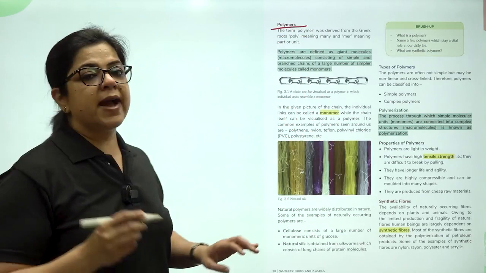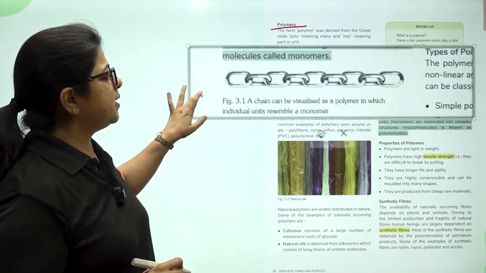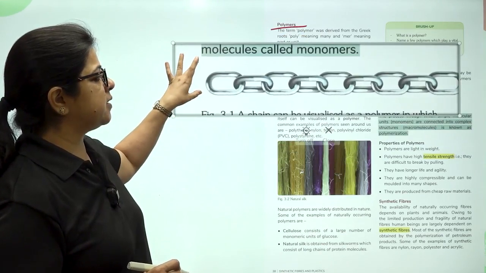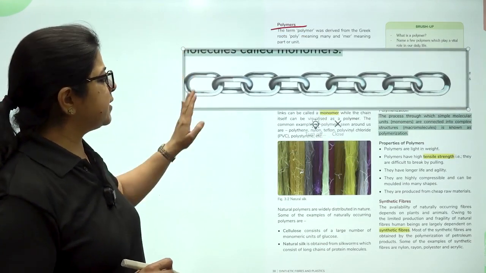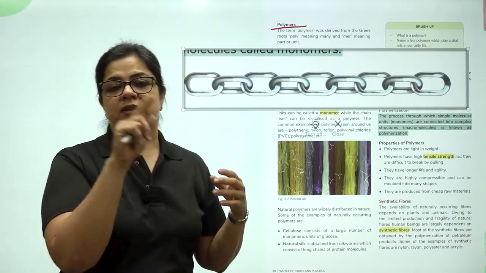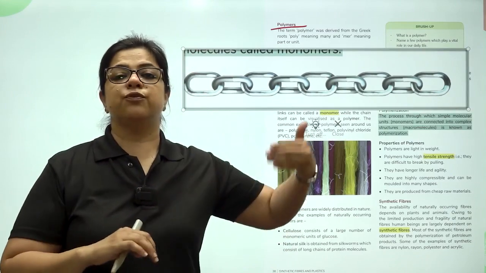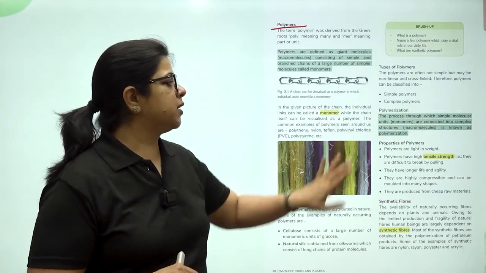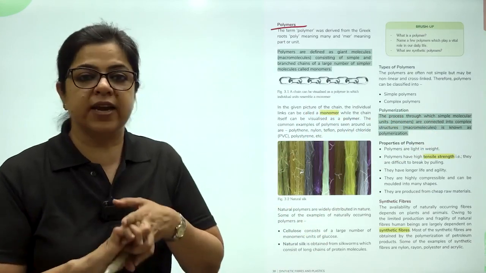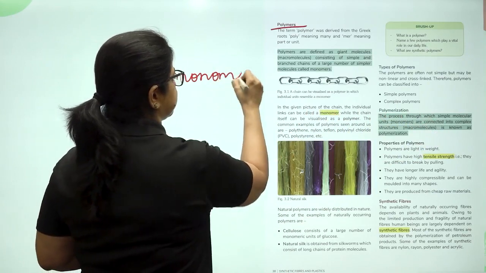So if you look at this very simple example, this is a chain, as you can see here. Now in this chain, what can you see? You can see that there are many tiny units that are linked together to form a long chain. Now these tiny units that form this chain are called monomers.